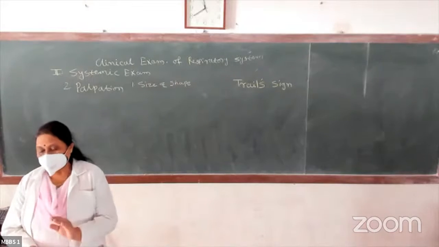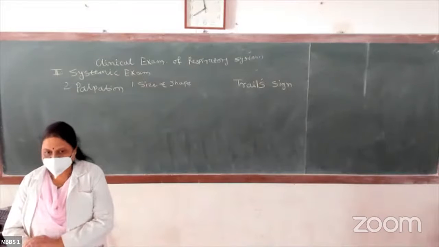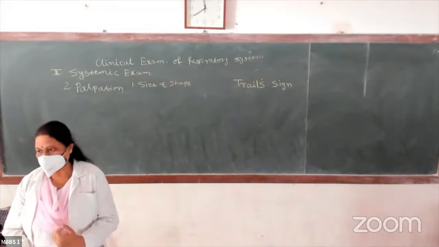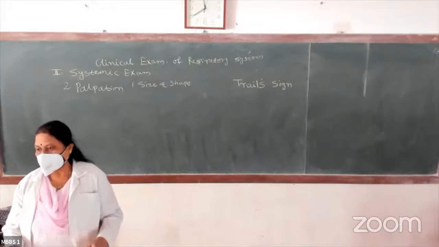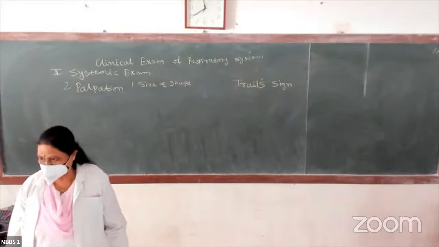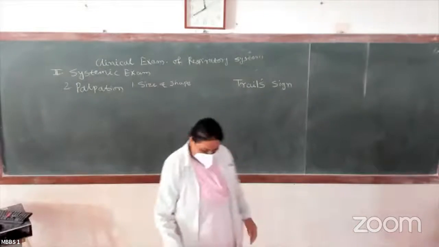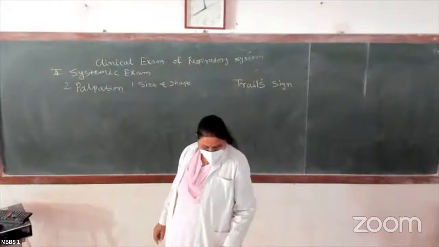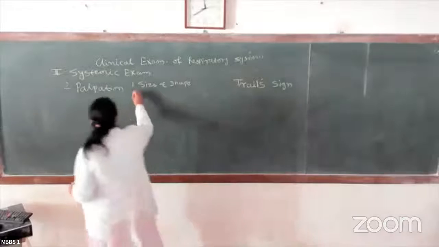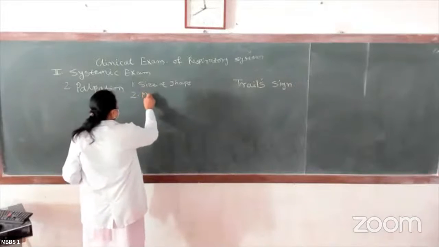So, count your pulse rate for one minute, count the respiratory rate for one minute, and get the pulse respiration ratio. The next point: size and shape, then movement of the chest.